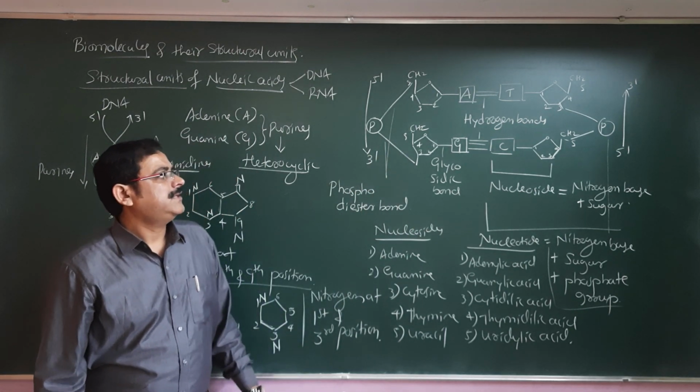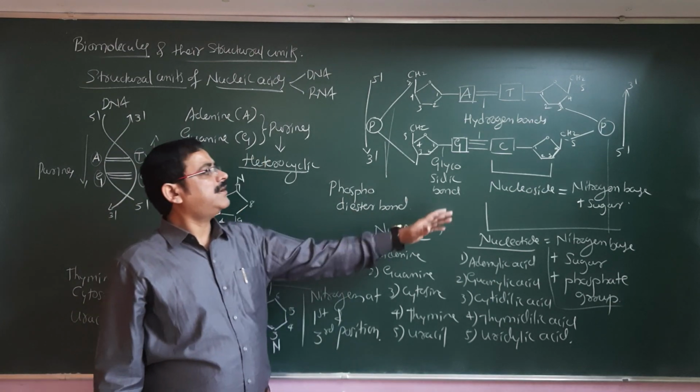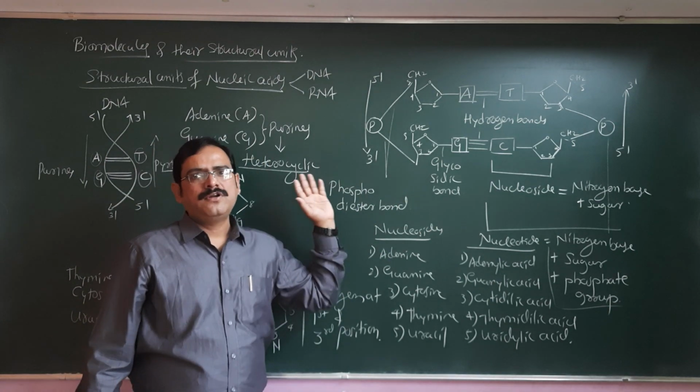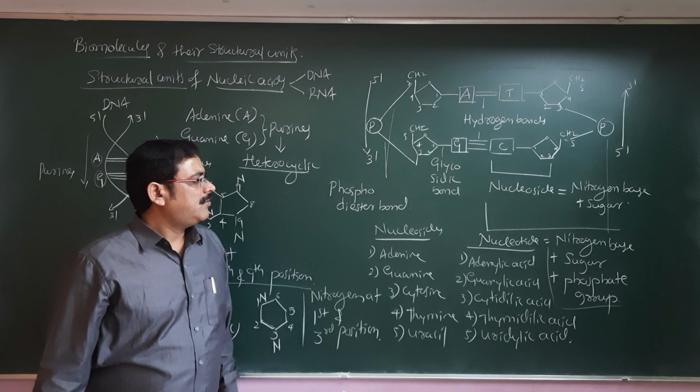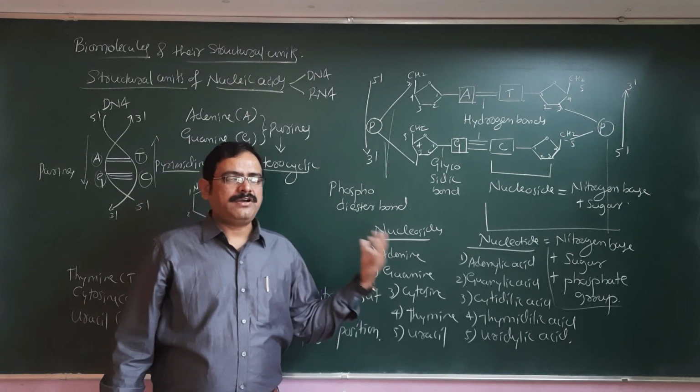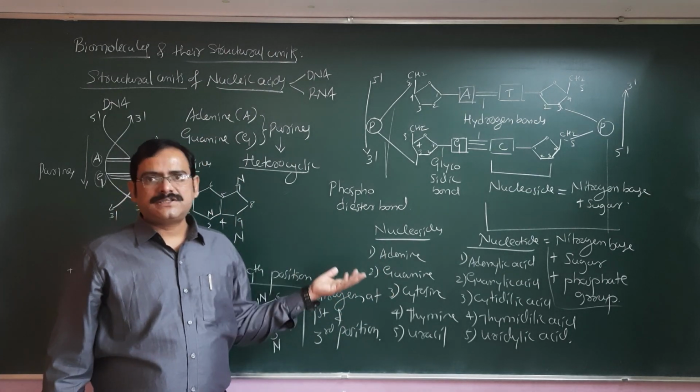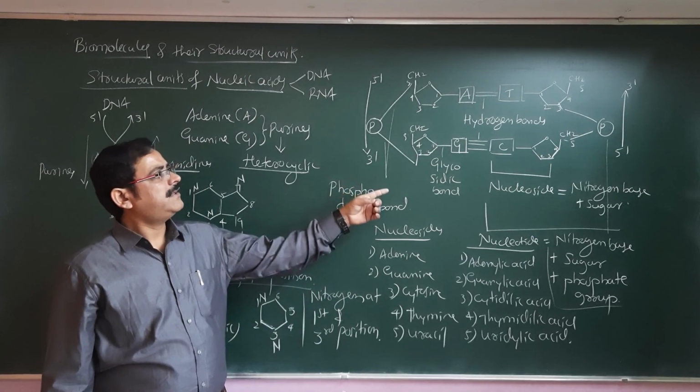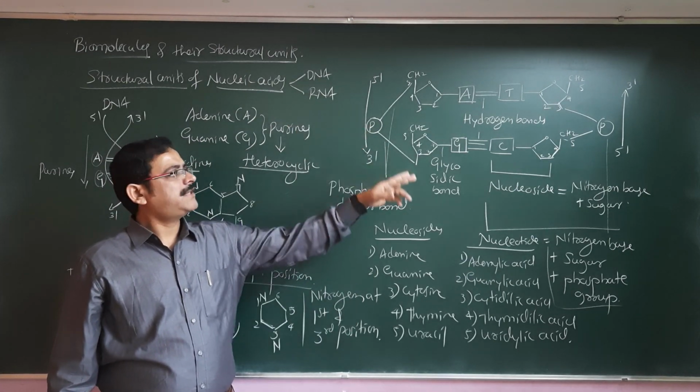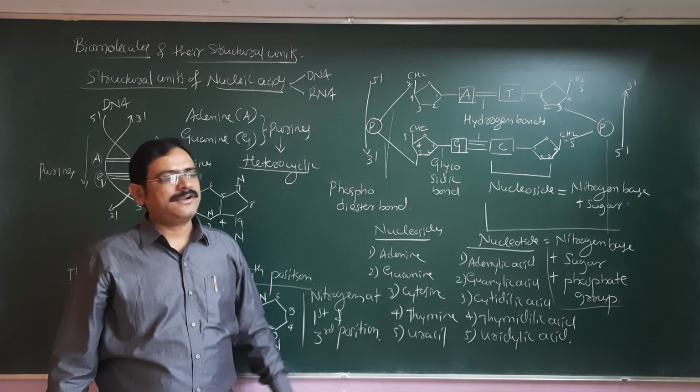Mainly by the hydrogen bond, glycosidic bond and phosphodiester bond. We find 2 hydrogen bonds between adenine and thymine, and 3 hydrogen bonds between guanine and cytosine.